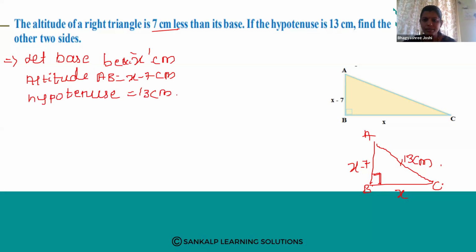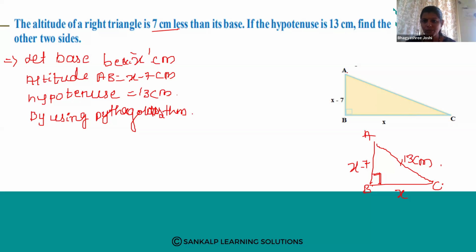Now here we are using Pythagoras theorem. Why? Because this is a right angle triangle and we know the value of hypotenuse and we need to find out the other two sides. That means BC value we need to find out. So by using Pythagoras theorem, AC square is equal to AB square plus BC square.